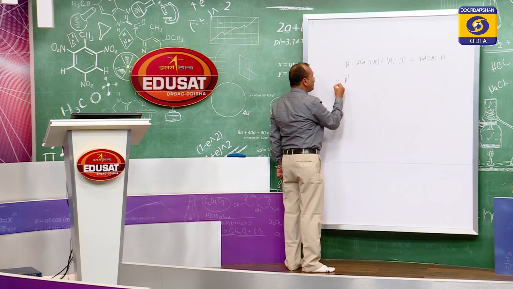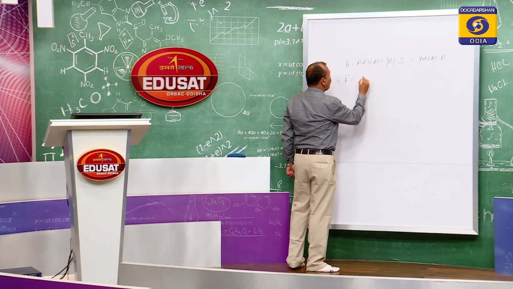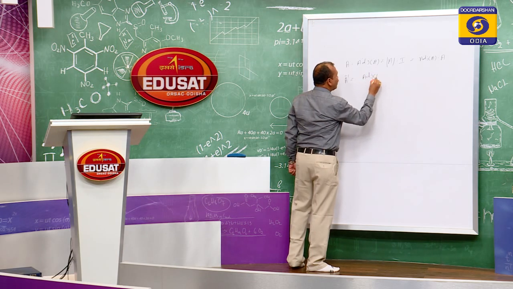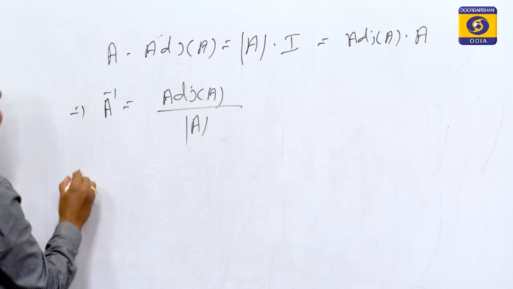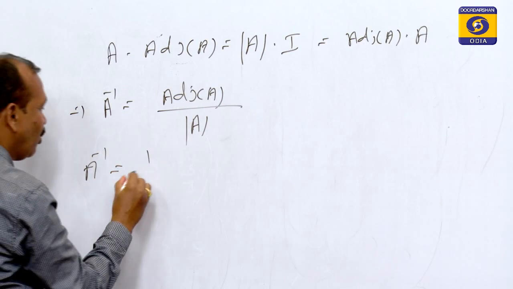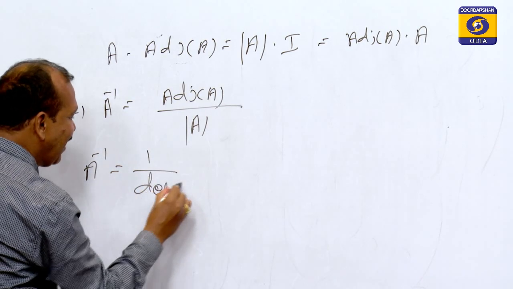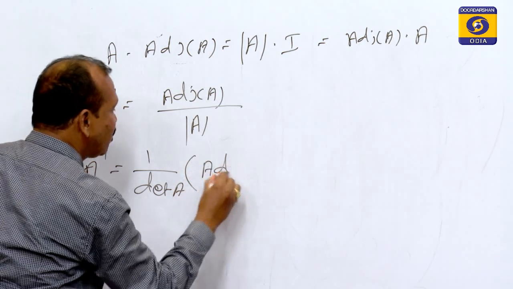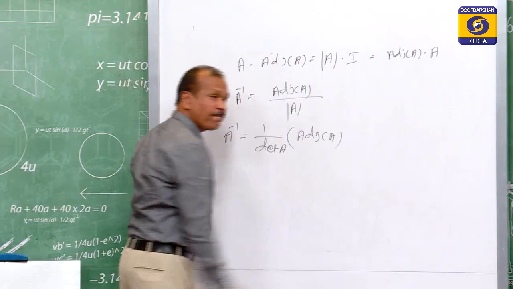This implies that A inverse is equal to adjoint A by det A, that is A inverse is equal to 1 by det A into adjoint of A.